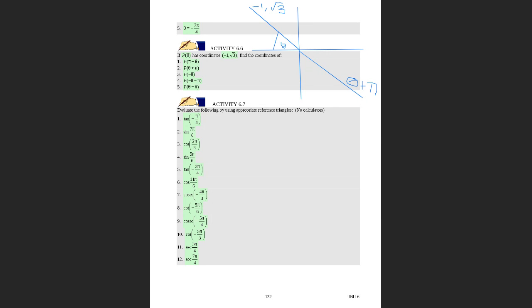At this point, your x will be positive. So number 2, you're going to have 1 and minus square root of 3, because once you add pi, it's going to rotate 180 degrees.